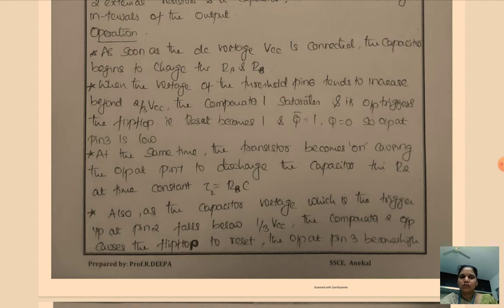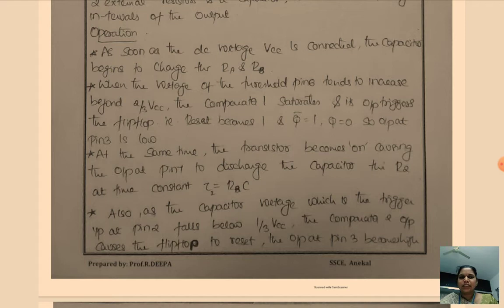At the same time, the input of the transistor is connected to the Q bar of the flip-flop, so this transistor becomes on, and this will cause pin number 7 to discharge the capacitor through RB with a time constant of RB into C.